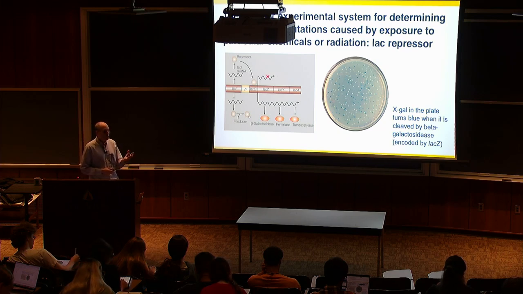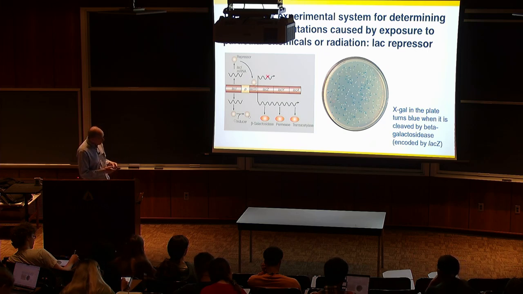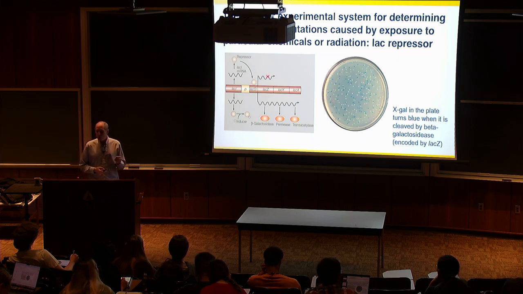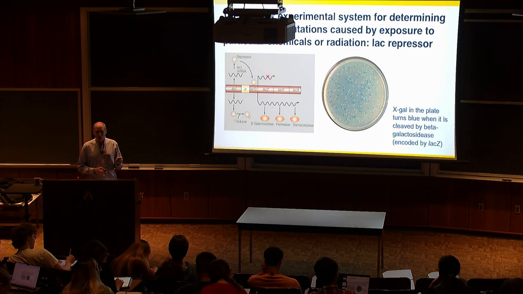So you pour a Petri plate, it's got the usual L broth, but it also has X-gal in it. X-gal is a substrate for cleavage by the beta-galactosidase enzyme, and the product of cleavage is an insoluble blue compound, which accumulates in the colony.